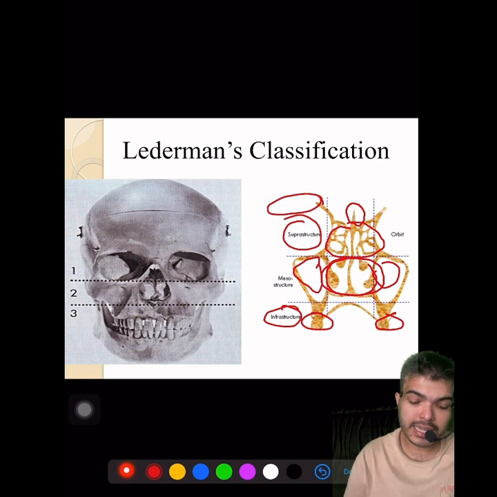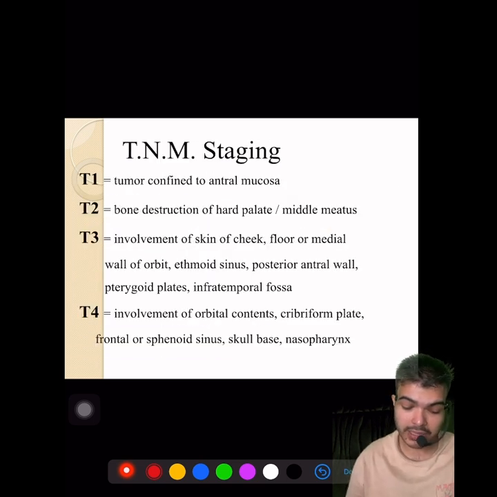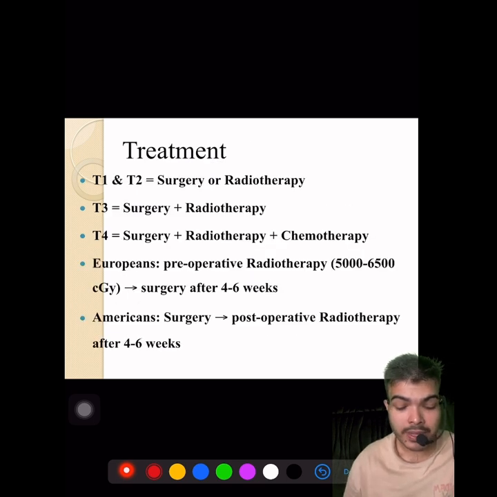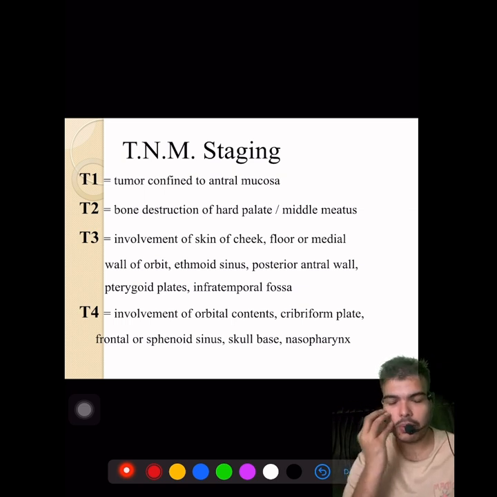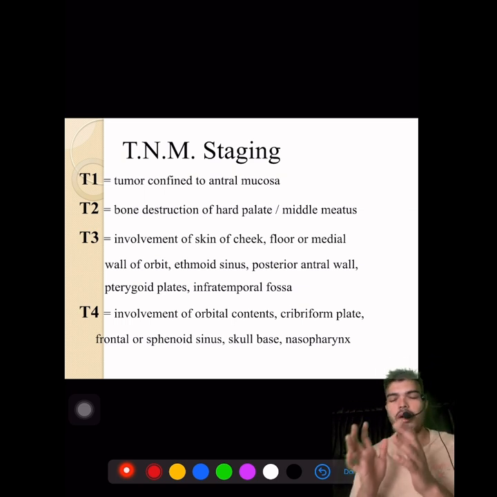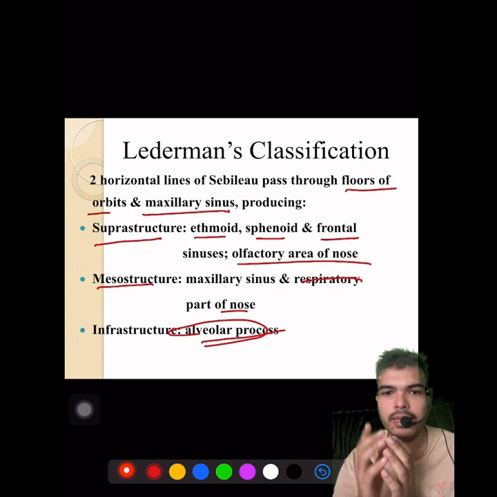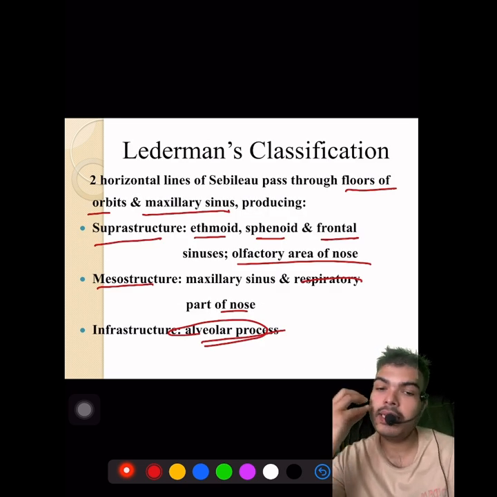Now let's come to the TNM staging. TNM staging is very difficult to remember, but I'll try to make it easier. T1 means it is involving only the nasal mucosa.